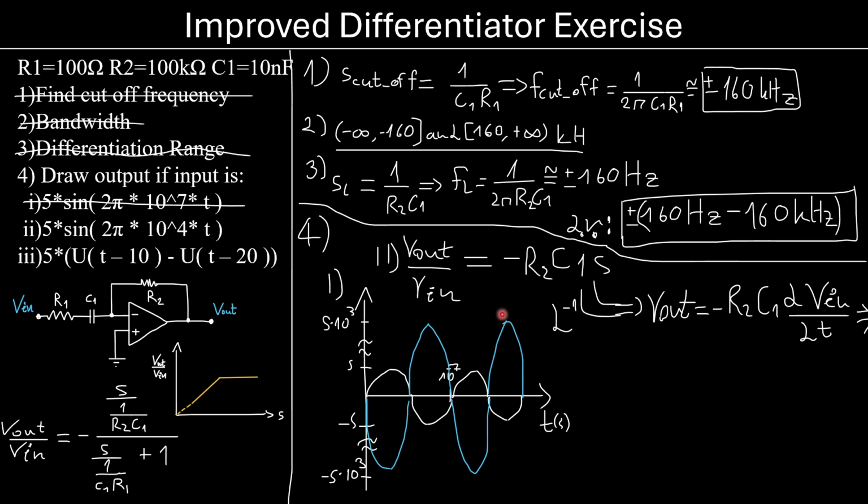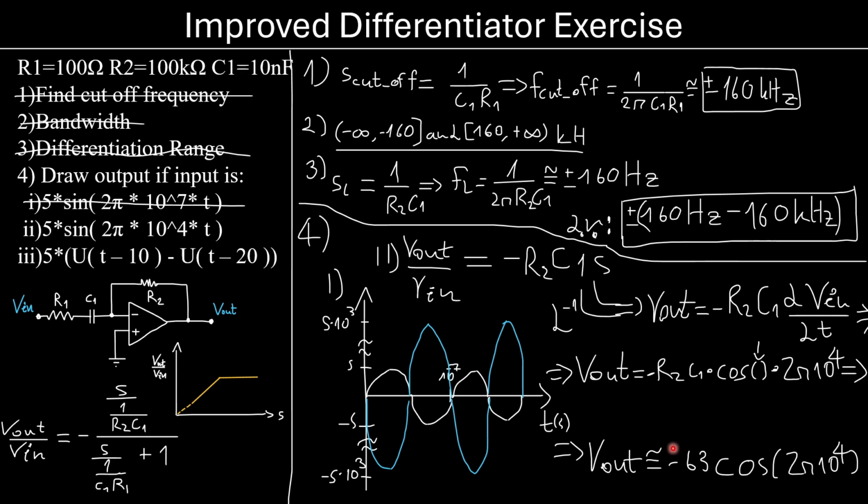If I perform the inverse Laplace operation, the output signal is going to be this constant value times the differentiated input over time. The sinusoid is going to become a cosine, multiplied by the value here, which multiplies by 2 pi times 10 to the power of 4 times the thing we had here in front.